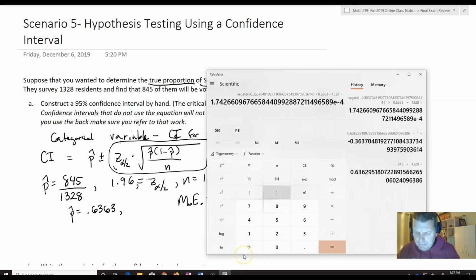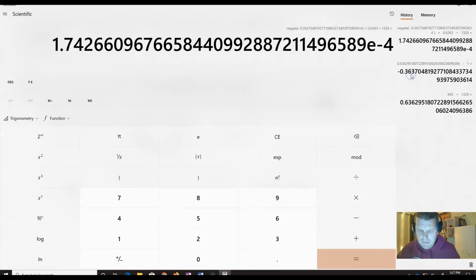I guess I'm just going to have to take it to the 1/2 power.